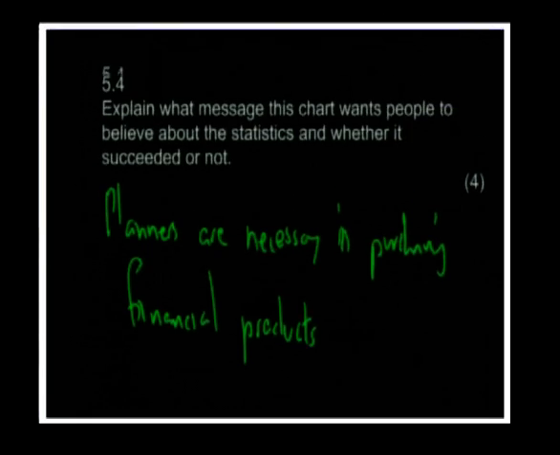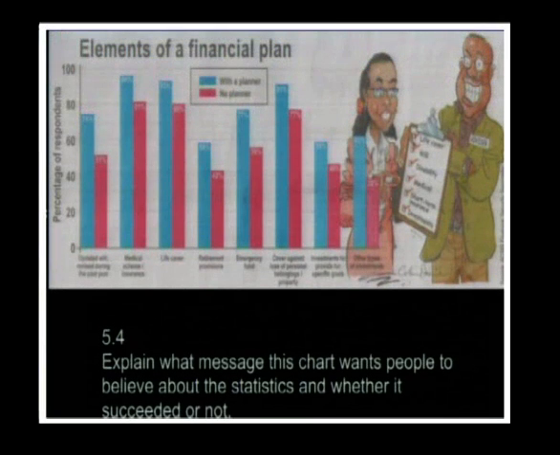Or you could have possibly said that more people are likely to actually go and buy financial products when they do so with a planner than those that do not. And that would be the kind of thing that this chart would give us.